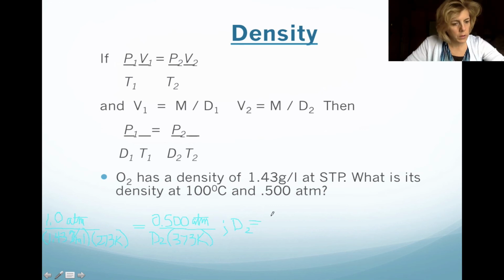Okay, so D2 is 0.5 atmospheres times density, which is 1.43, times the temperature at STP, which is 273 K, and that's all divided by the second temperature, which is 373 K. And when you solve for that, you should get 0.523 grams per milliliter.